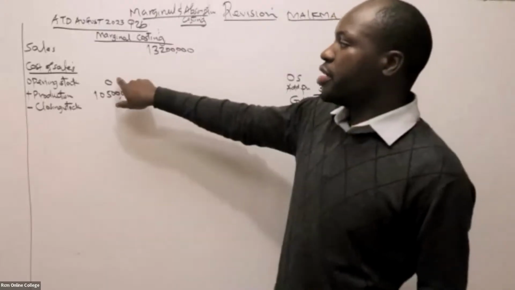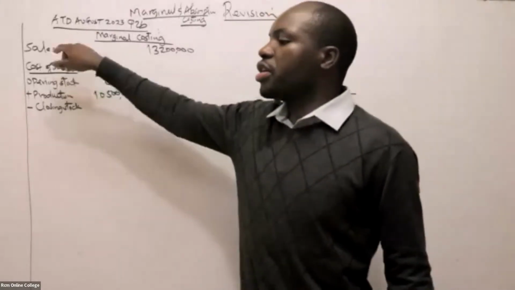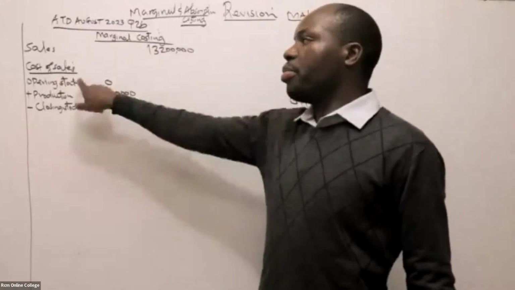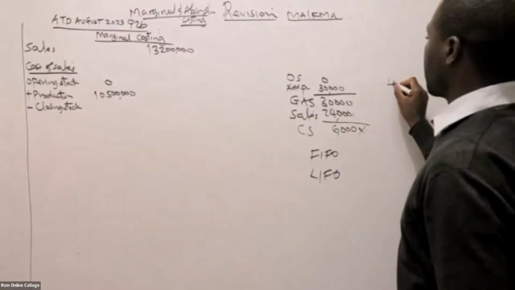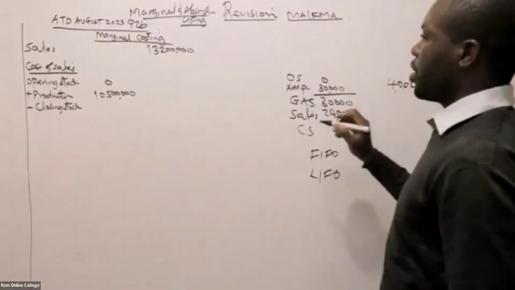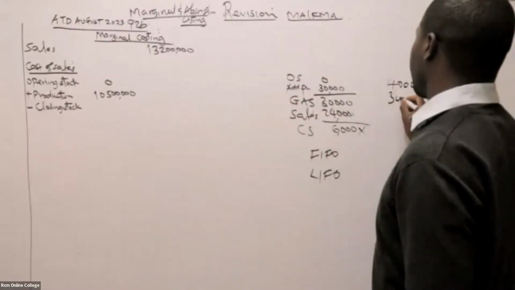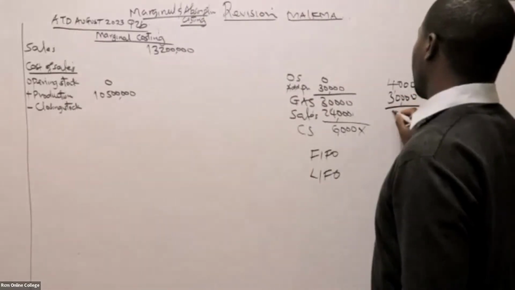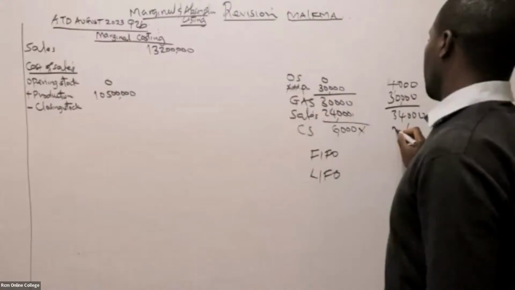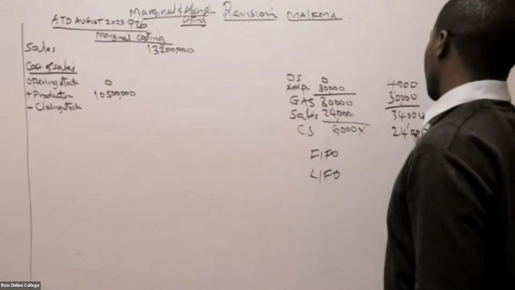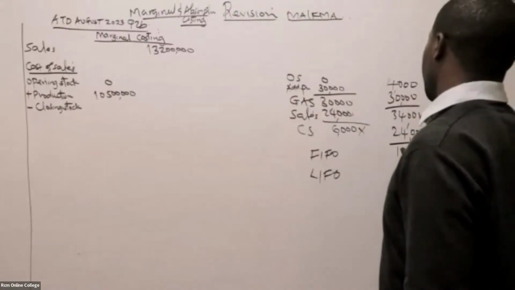So if you add opening stock, these sales will not include the opening stock. So let's say we add opening stock of 4,000, and what has been produced is 30,000. We're talking about 34,000. Then what was sold is only 24,000. You are having a closing stock of 10,000.